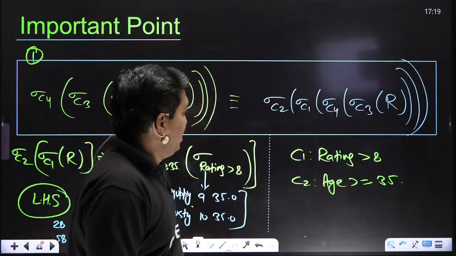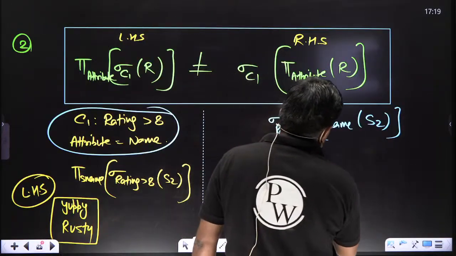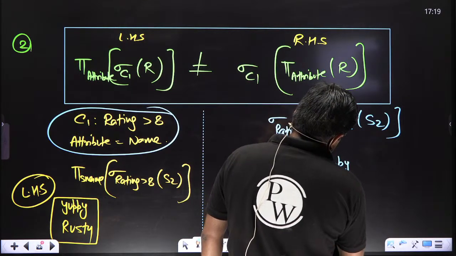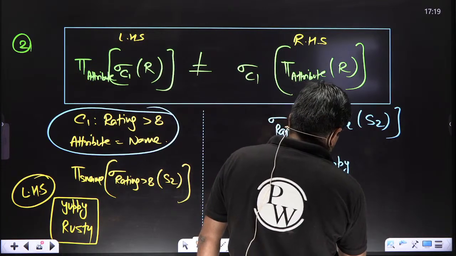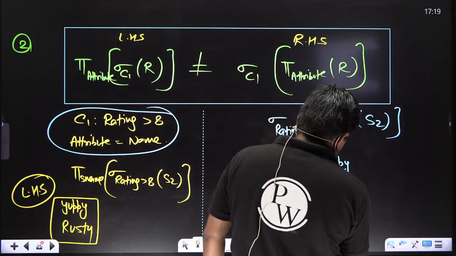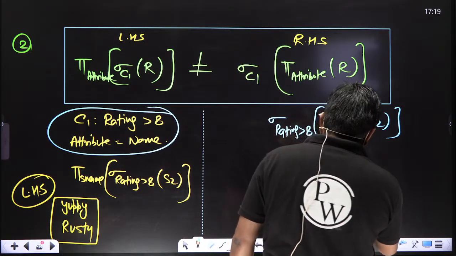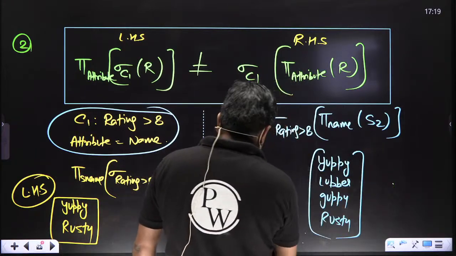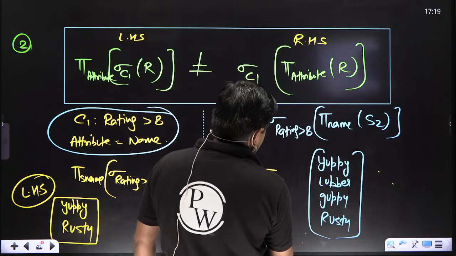You find all the names: UP, Lubber, Guppy, Rusty. Then apply the condition: rating is greater than 8.